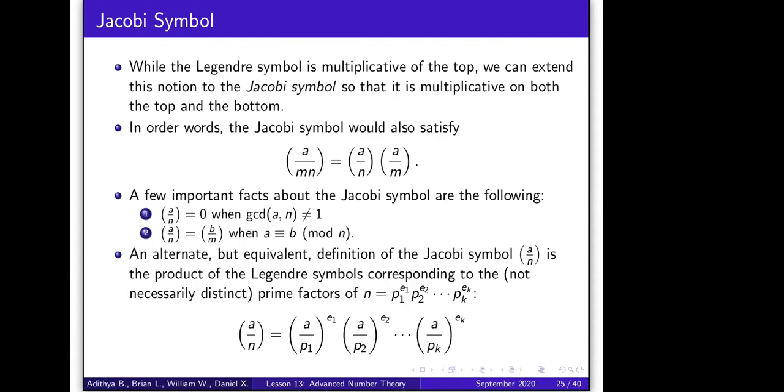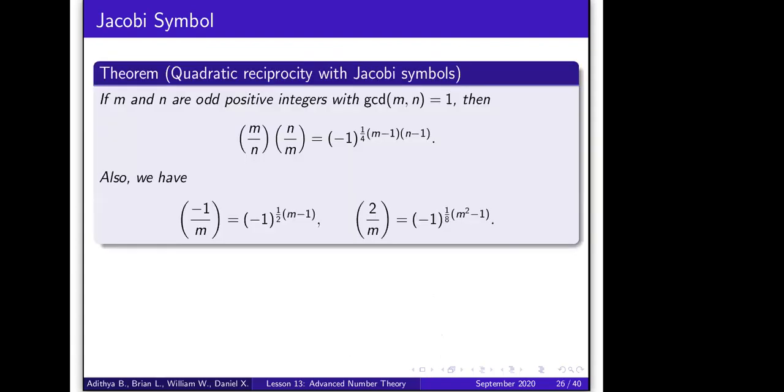And the reason this is useful is that we can restate quadratic reciprocity using this. And so here we just have, if there's odd positive integers that are relatively prime, m and n, then m over n times n over m is equal to -1 to the power 1/4 times m minus 1 times n minus 1.